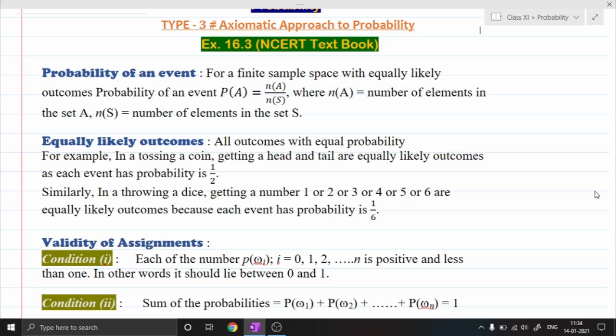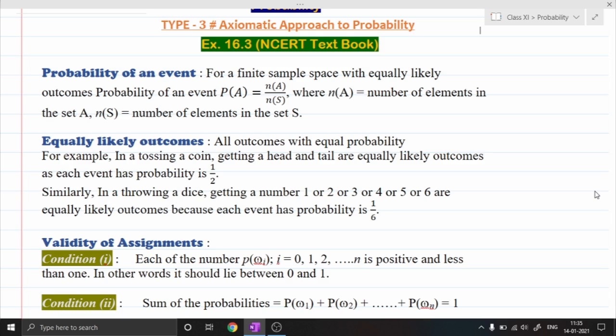Normally, when you toss a coin, there will be two outcomes: either you will get the head or you will get the tail. If you get the head, what will be the probability? That is 1 by 2. And similarly, the probability of tail will also be 1 by 2. So we can say these are equally likely outcomes, outcomes with equal probability.